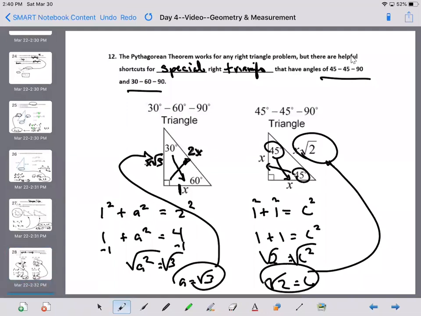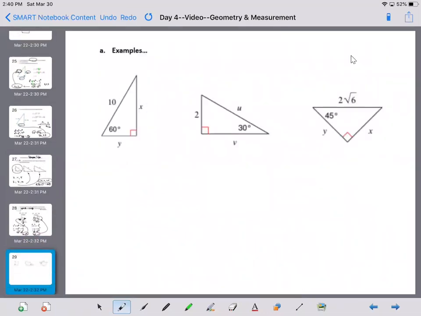So let's look at an example here. Just want to make sure we can think back on our special, if it's a 30, 60, 90. Remember the 30, it has this relationship of x, hypotenuse would be 2x, and x square root of 3.